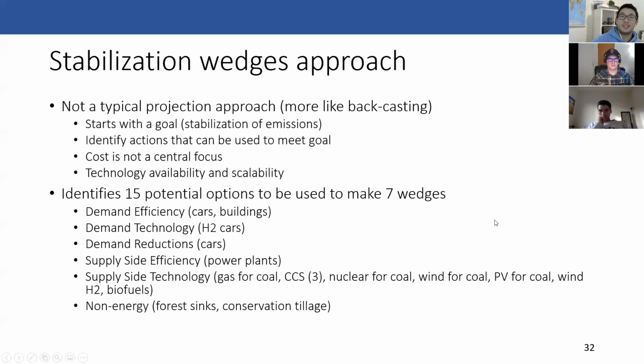So maybe it's easier to improve fuel efficiency than it is to get people to drive less. And in that way, you can say, look, if you pursue this, you're still going to get this benefit, and it's going to be a lot easier than this other wedge. And so in some ways it can make certain decisions easier to pursue politically.